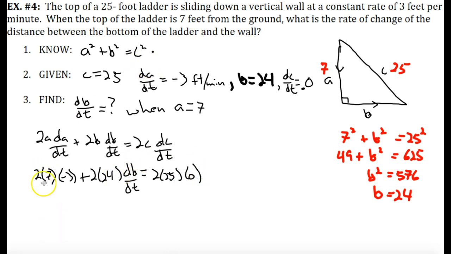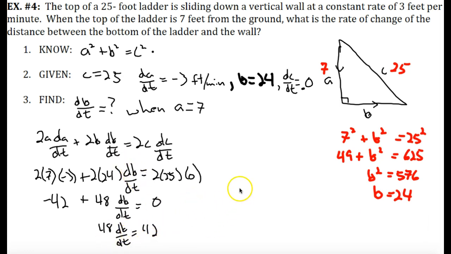So let's see what we end up with here. 14 times -3 is -42, plus 2 times 24 is 48 dB dt equals 0. So if I add this 42 over, we've got 48 dB dt equals 42.